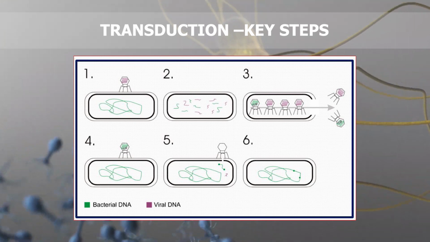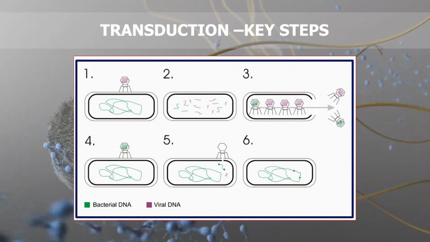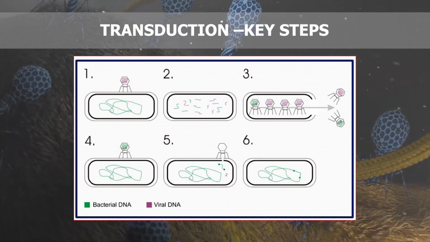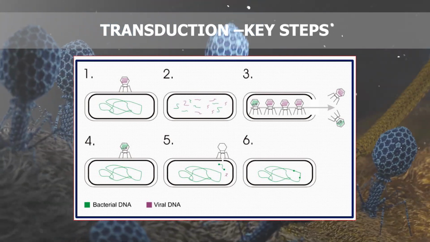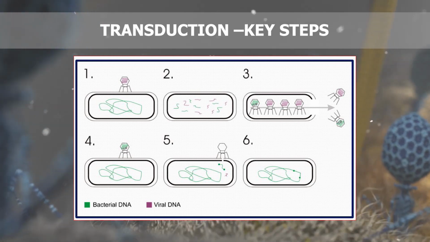In this packing, some viruses also take host cell DNA, which is transferred to other bacteria when they attack the next generation of bacteria. This picture shows the steps of transduction.